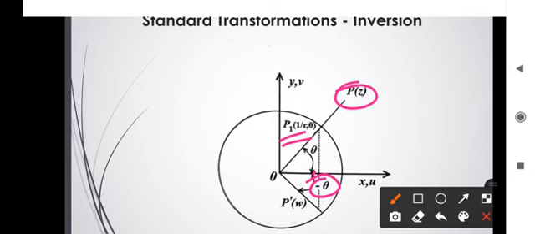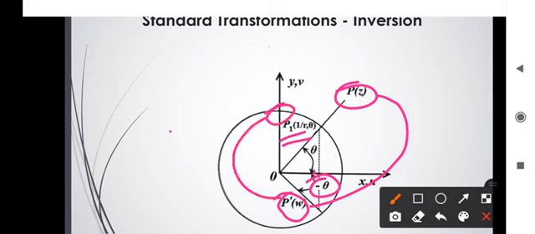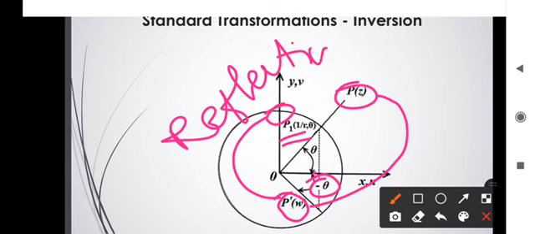So this transformation is also called inversion and reflection. P dash of W is the inversion of the original P of Z, and P1 is the reflection of P dash. This is inversion and this is reflection.